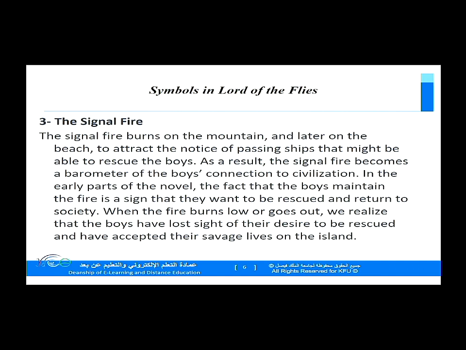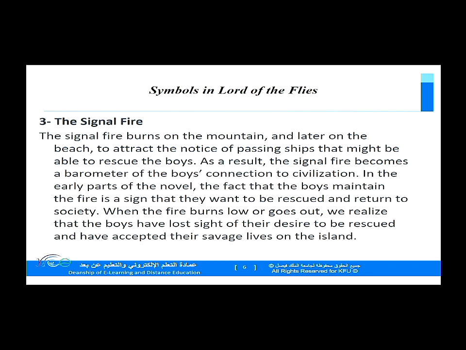Another important symbol in the story is the signal fire. The signal fire burns on the mountain and later on the beach too. And the point is to attract the notice of passing ships that might be able to rescue the boys.